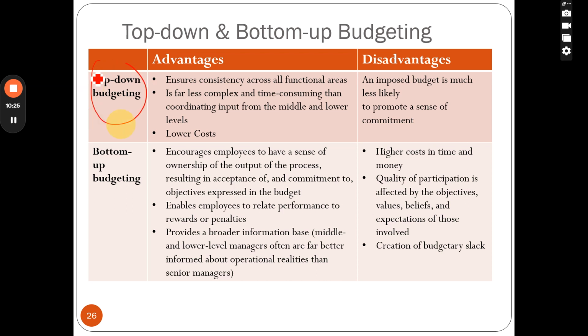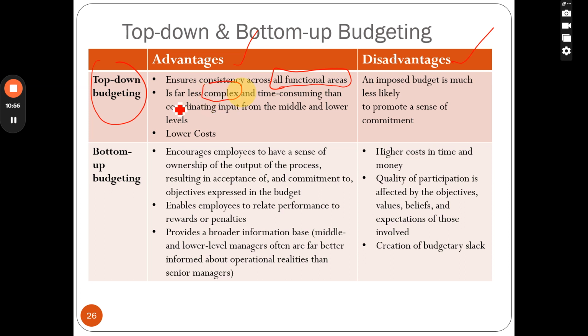You can see top down, what are the advantages and what are the disadvantages here. Top down ensures consistency across all functional areas. This is prepared by top level management and there will be consistency throughout the functions the company has, because it will be implemented throughout all the levels.